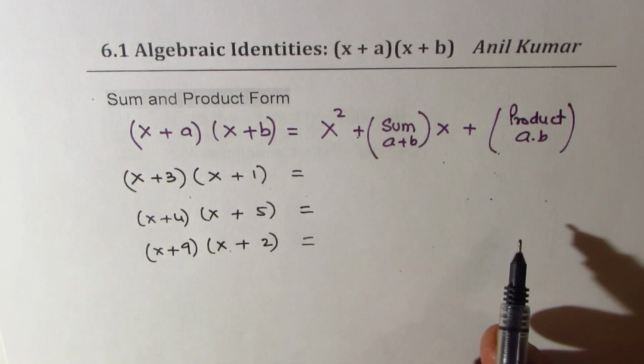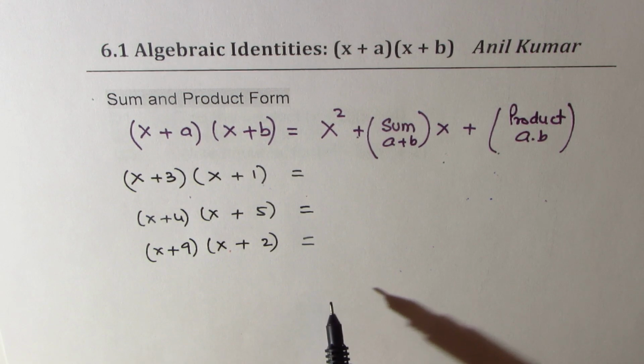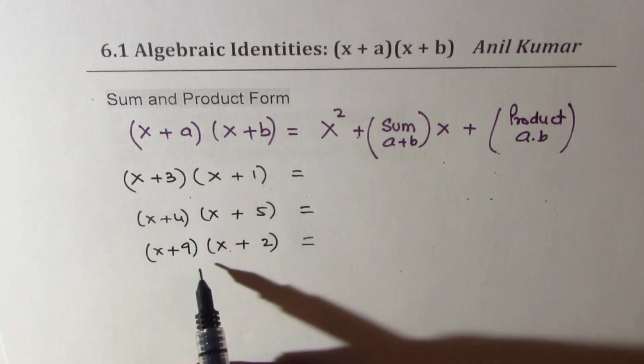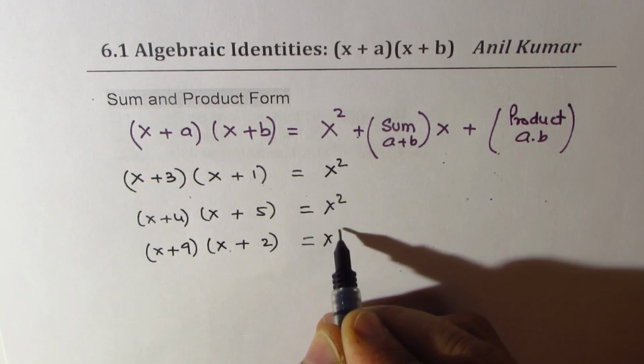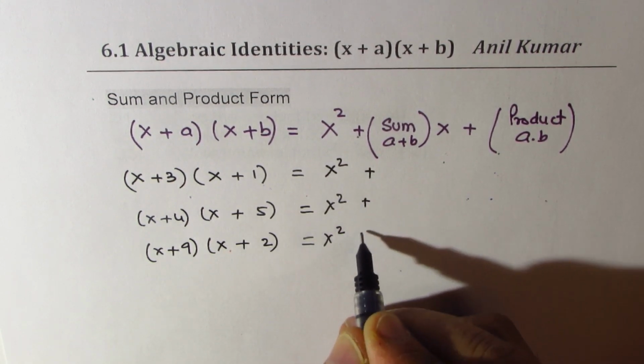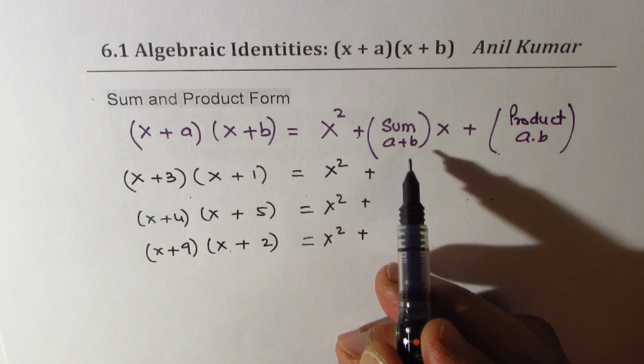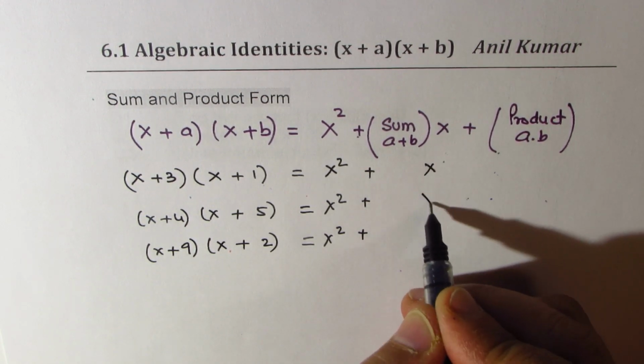So you can use this method and write down the results. So in each case, when you multiply, you get x² as the first term. Is that clear? The second term with the x is what?